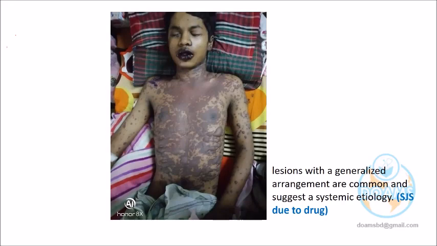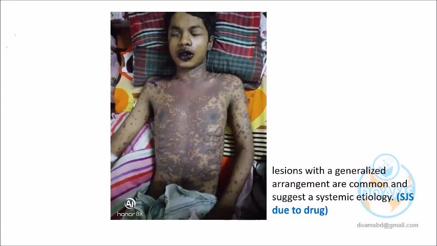So we need to learn the difference between Stevens-Johnson syndrome and toxic epidermal necrolysis. There is a difference in the extent of the lesion. It could be toxic epidermal necrolysis. There's a percentage of involvement. But there should be separation of the skin from the underlying tissue. Then we can say toxic epidermal necrolysis. That means the prognosis is relatively worse than Stevens-Johnson.